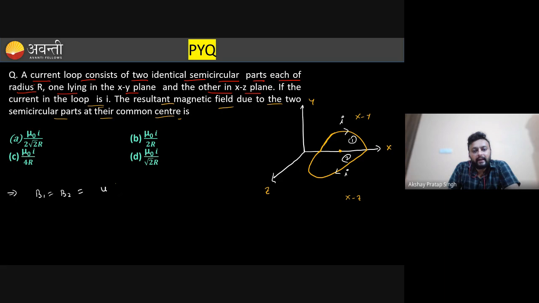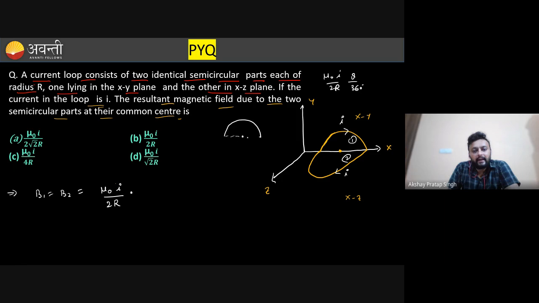You know that for a complete circular loop, mu naught I over 2R is the magnetic field, and you are considering a semicircle. So you remember the formula mu naught I over 2R times theta by 360.